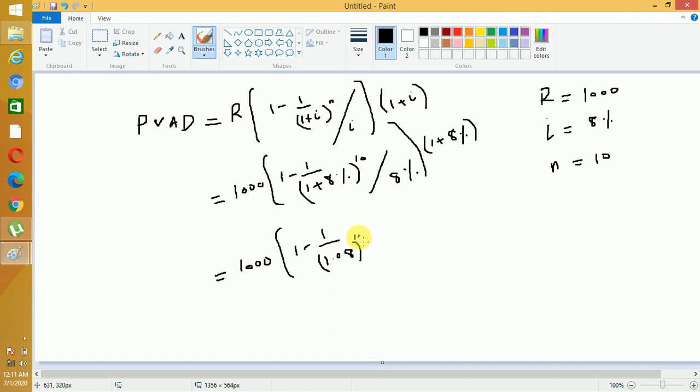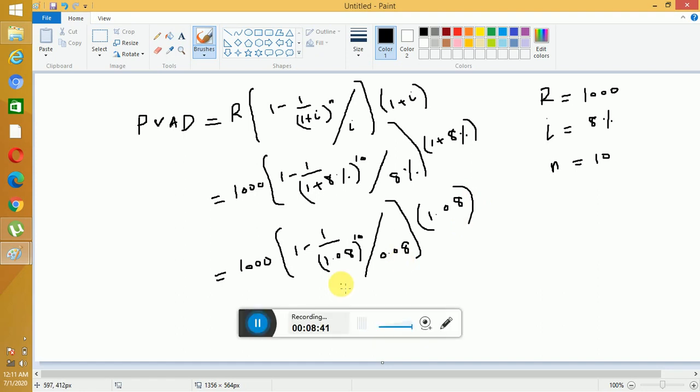N is 10, divided by 8%. So 8% means 0.08, and multiply it by 1 plus 8% means 1.08. So now what will you do? You will make the calculation of this.